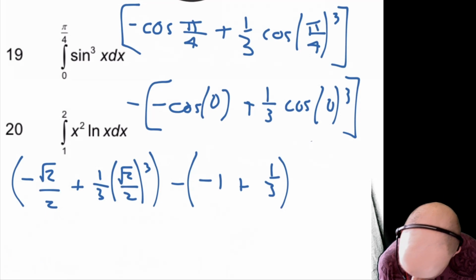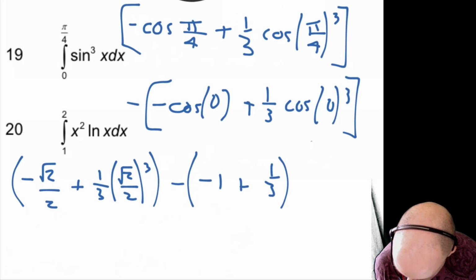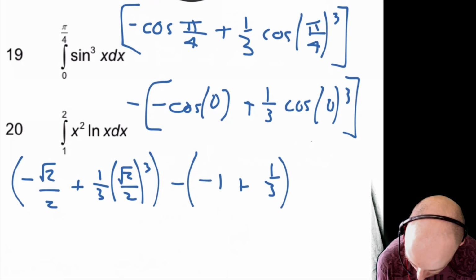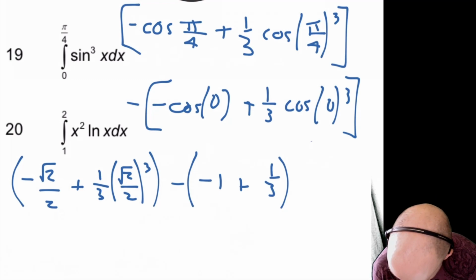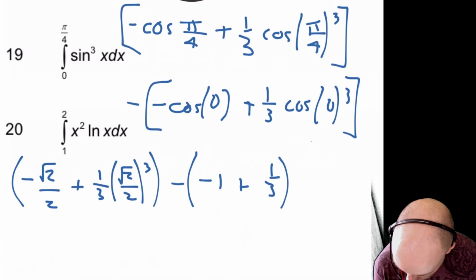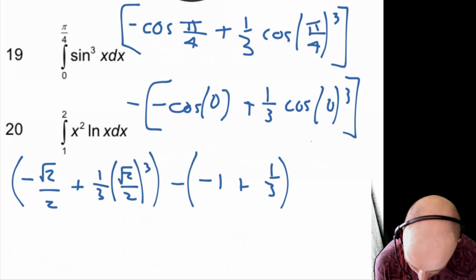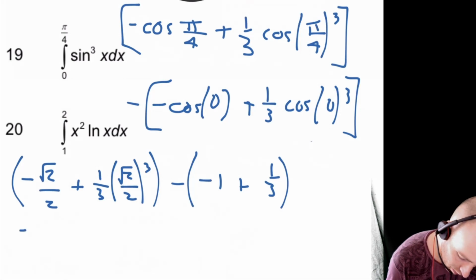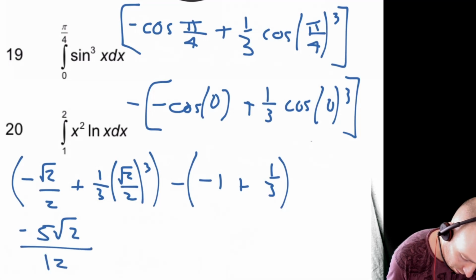So that's going to give us minus 5 root 2 over 12.